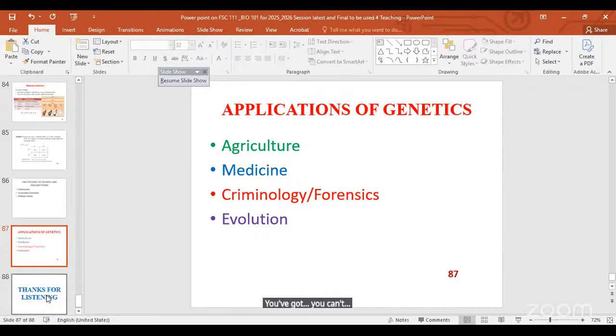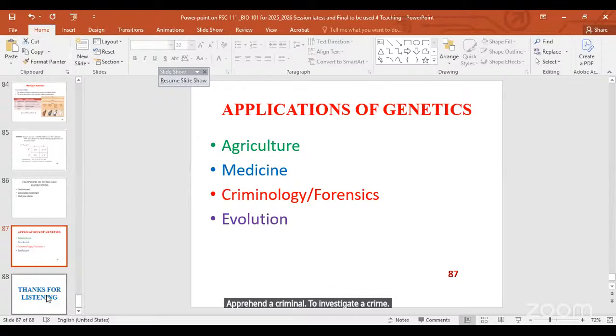You can edit genes to suit your purpose, by insertion and by deleting. Then in medicine, the genetic disorders that we talked about, and vaccine production, all use the knowledge of genetics. Then in criminology and forensics, you can use genetics to apprehend a criminal and to investigate a crime.